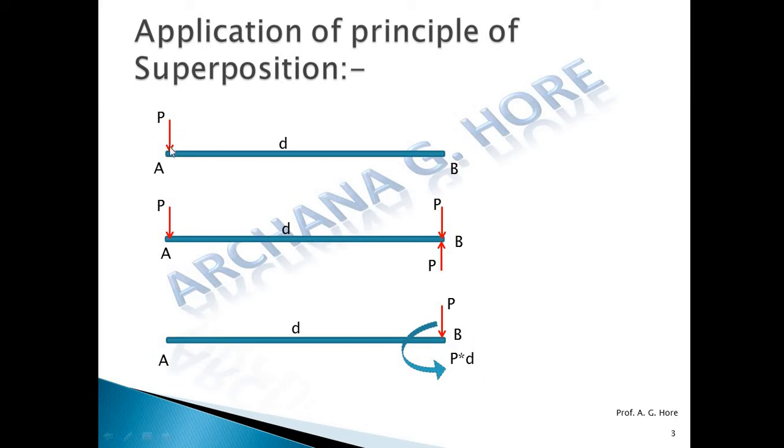Shift this force as it is with the same magnitude, with the same direction, along with the moment of that force about that point where we want to shift that force.